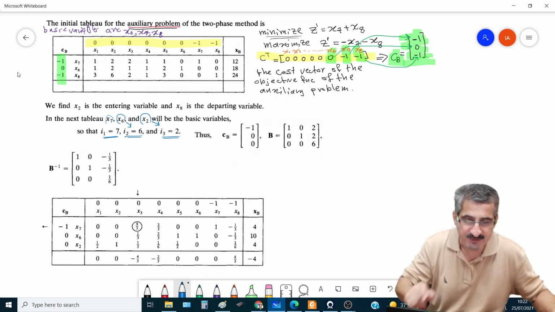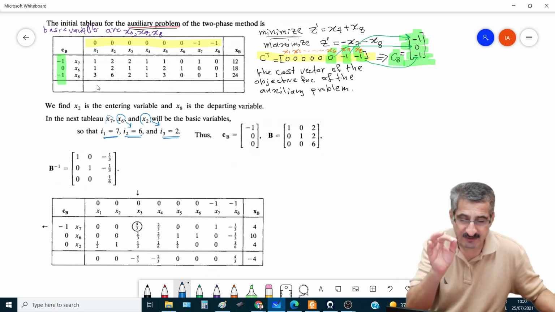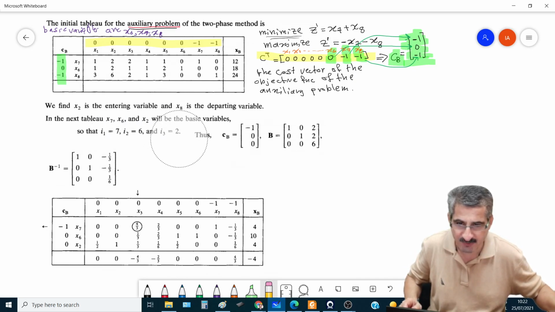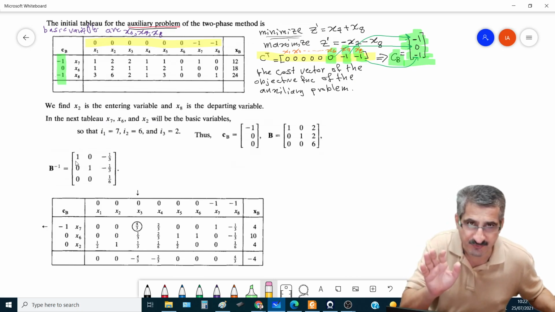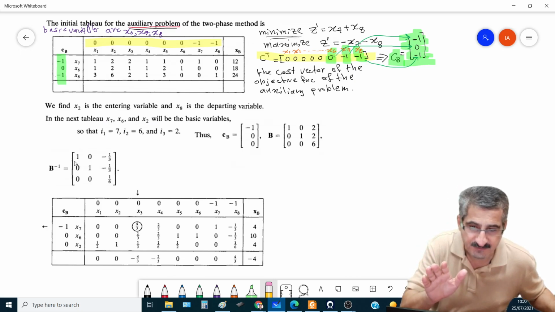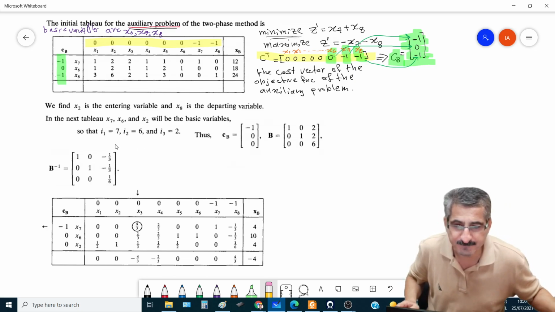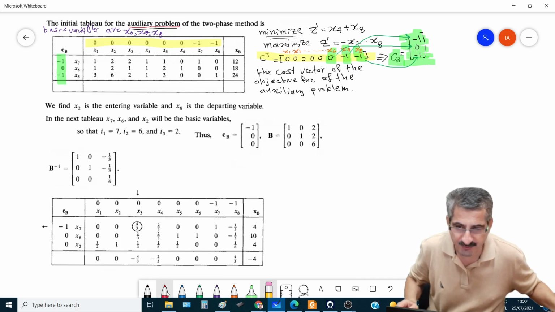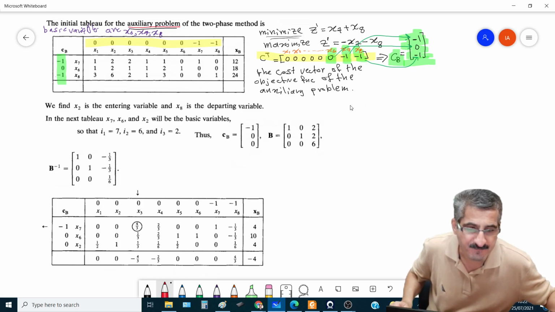Okay, I missed something. Before I speak about this, sorry, we need to compute the entries in the objective row. We don't have it yet. Okay, and we know how to compute it, right? So remind me how to compute zj.